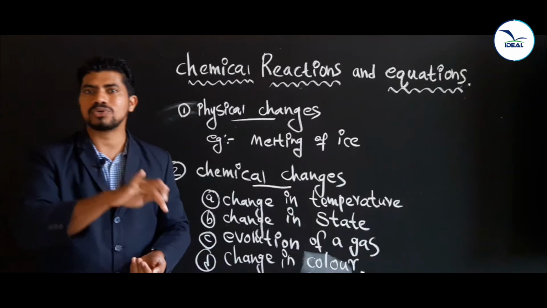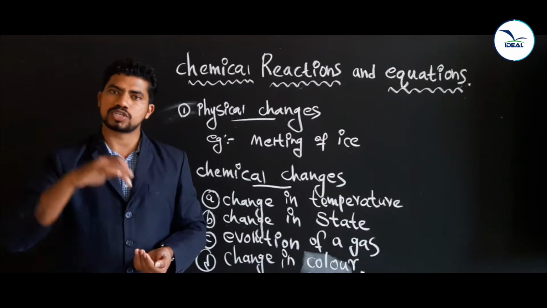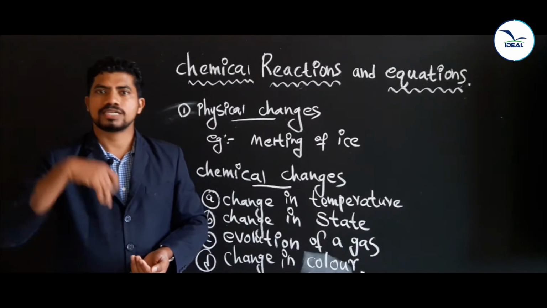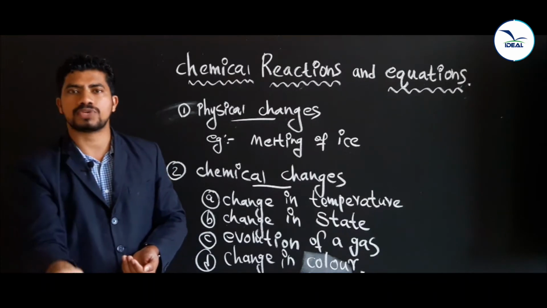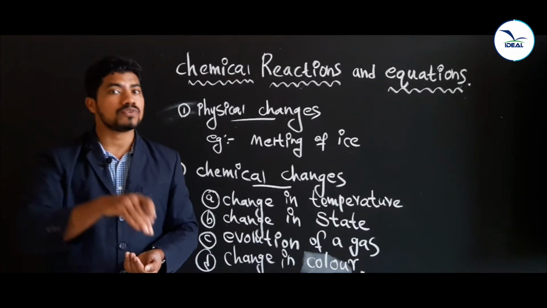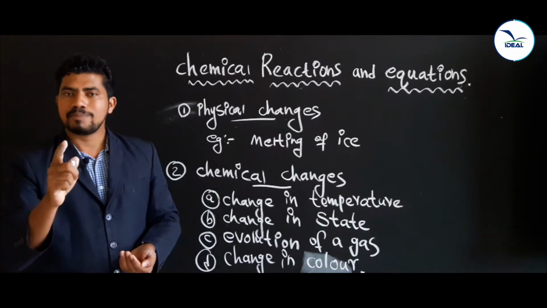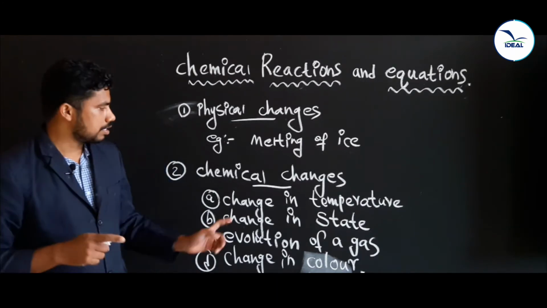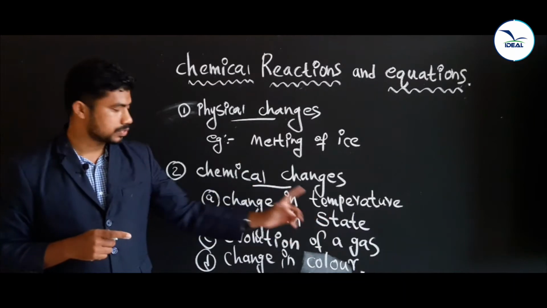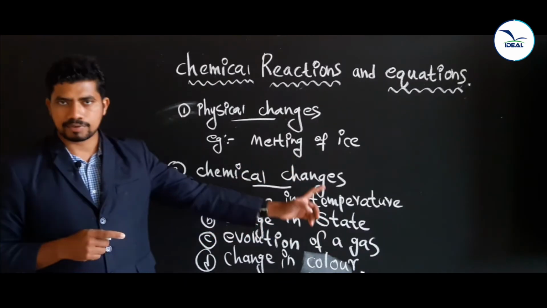We can say endothermic or exothermic. Endothermic means absorption of heat energy. Exothermic means evolution of heat energy. So, the heat energy may be evolved or absorbed in a chemical reaction. That will be a reason for change in temperature. So, this is the first characteristic of chemical change, change in temperature.